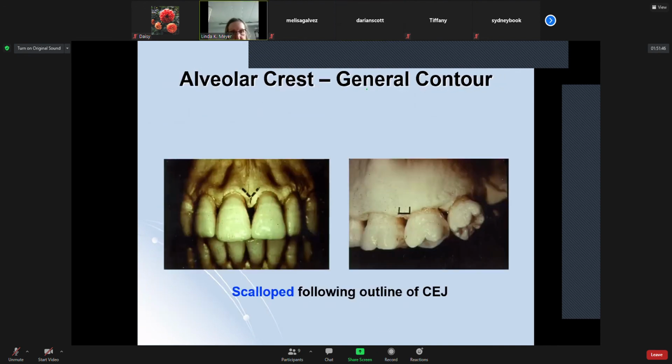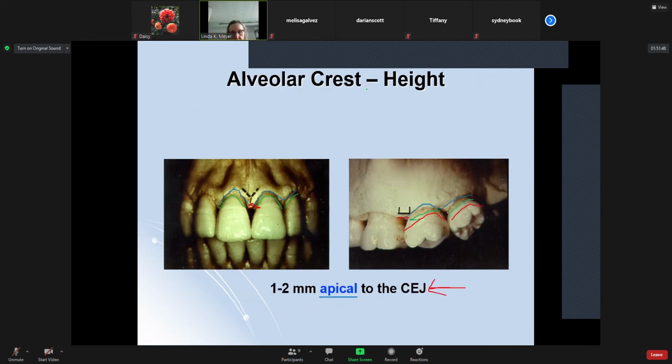So it was just saying that it's scalloped, but I showed it with this picture while it was up. So the height in health is always going to be 1 to 2 millimeters apical, and the contour outline is going to be scalloped following the CEJ. So again, the green shows us the CEJ scalloping on the anterior, and on the right, on the posterior, it's not quite as scalloped there, but it is a little bit scalloped if you follow that around there.